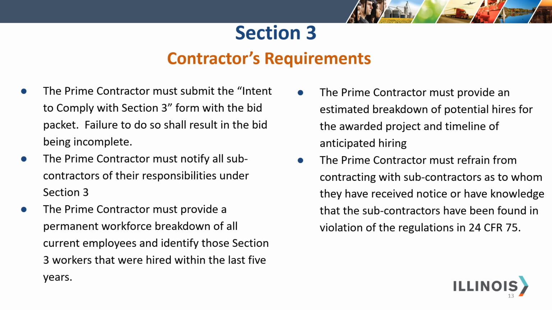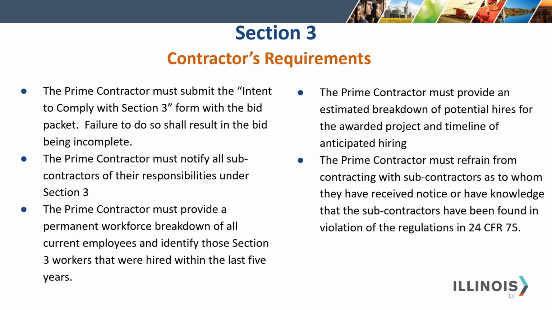The prime contractor must provide a permanent workforce breakdown of all current employees and identify Section 3 workers that were hired within the last 5 years. The prime contractor must provide an estimated breakdown of potential hires for the awarded project and timeline of anticipated hiring.